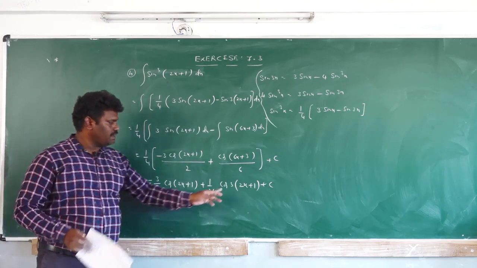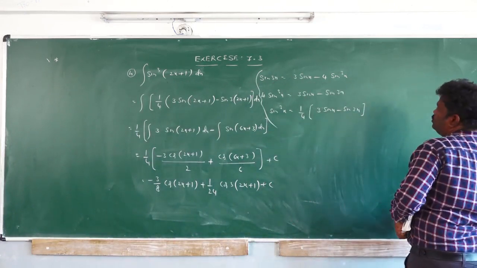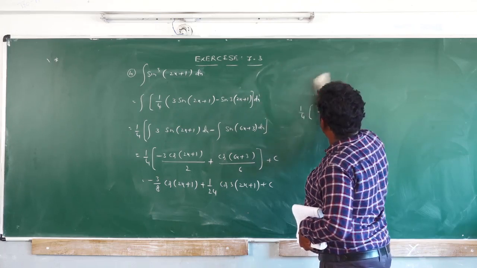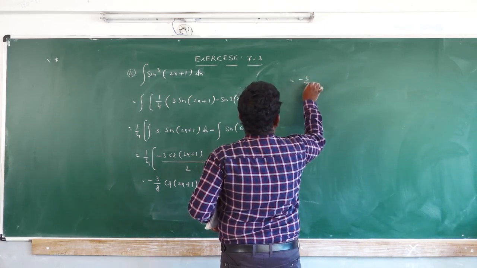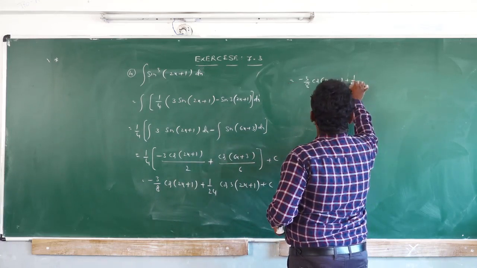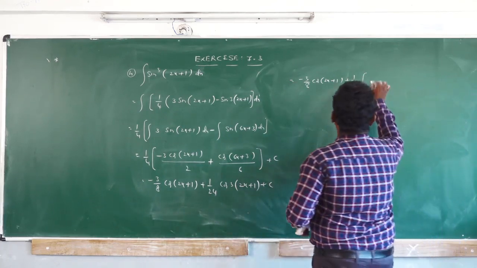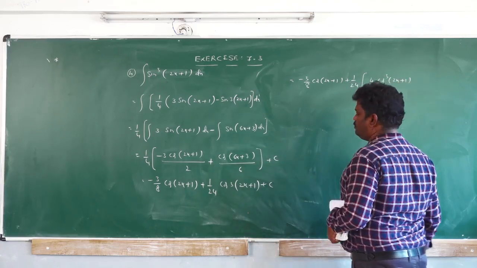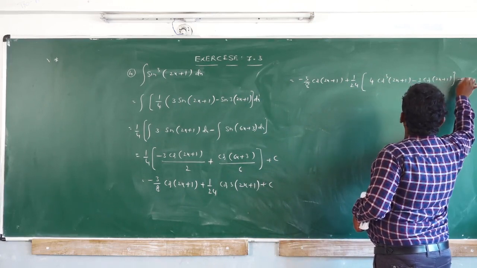Now this formula again, cos 3 theta formula, means 4 cos cube x minus 3 cos x. So next step, that is equal to minus 3 by 8 cos of 2x plus 1 plus 1 by 24 into cos 3 theta: 4 cos cube theta, where theta means 2x plus 1, minus 3 cos theta, 2x plus 1, plus c value.